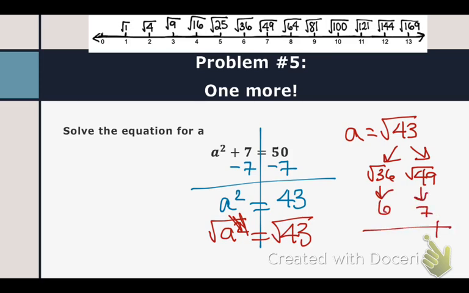On that number line, let's see, 43 is 6 away from 49 and 7 away from 36. So it's going to be kind of in the middle, but it's a little bit closer to 49. So I'm going to estimate it to be 6.6 or 6.5.